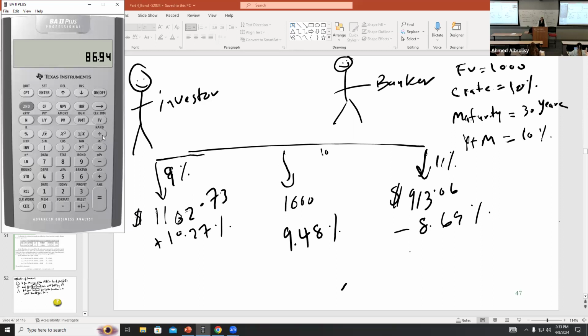So you divide it by the $1,000 that we started with, and it's 8.694, right? So this is the change. You do the same thing to the other side. So the other side will be 1102.73 minus $1,000, what we started with, equals, and divide that by the start point, which was 1,000. So it will be 10.27, right?